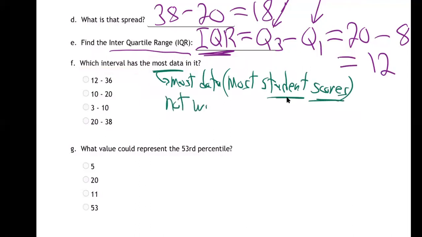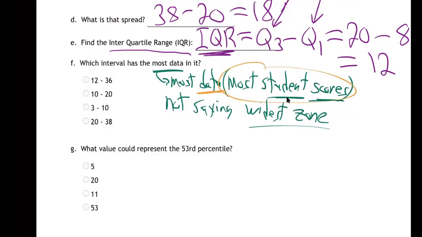It's not saying widest zone. That's not what it's saying. That's what everybody thinks, and that's wrong. It's not saying widest zone. It's saying most scores, most student scores, most data.